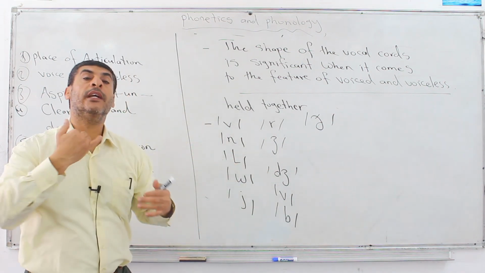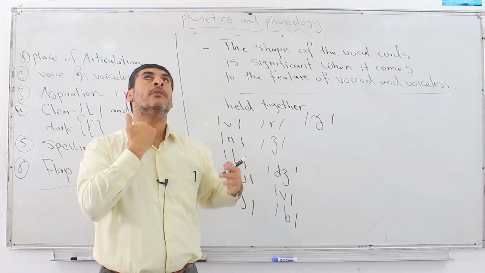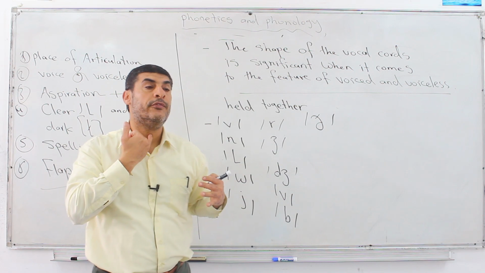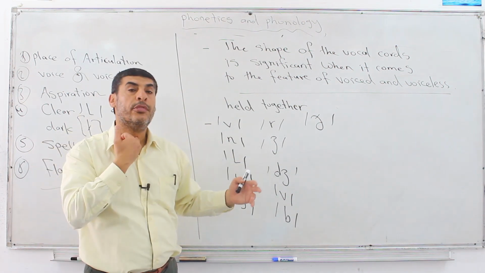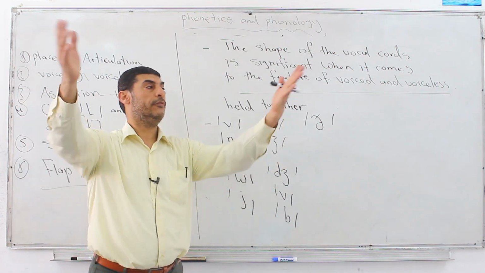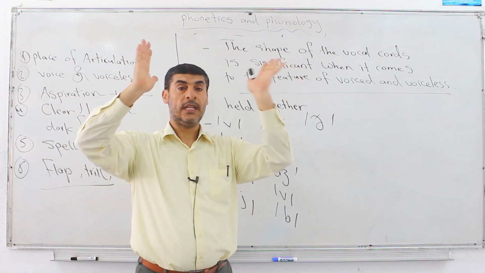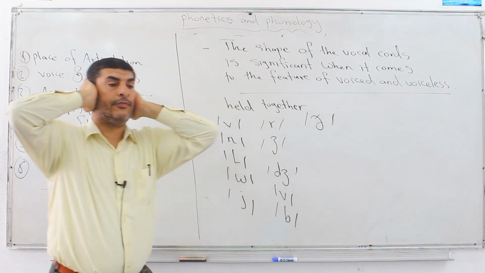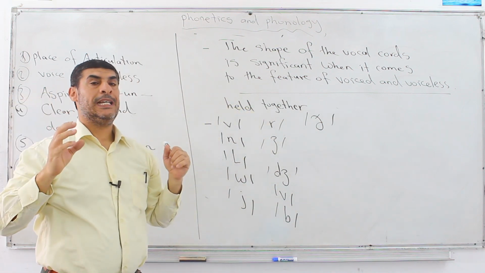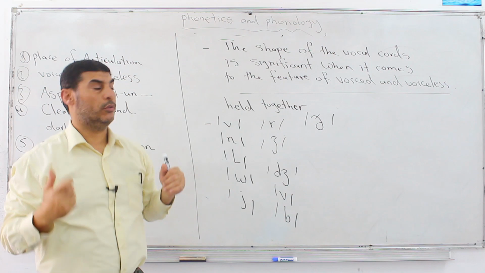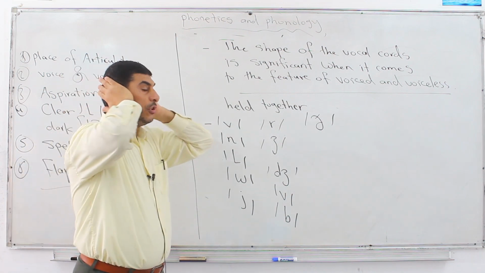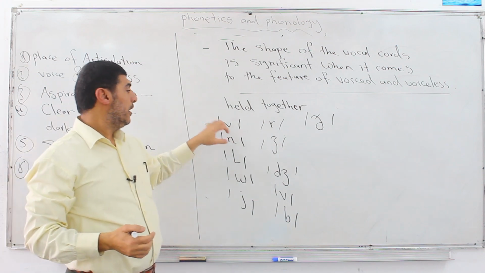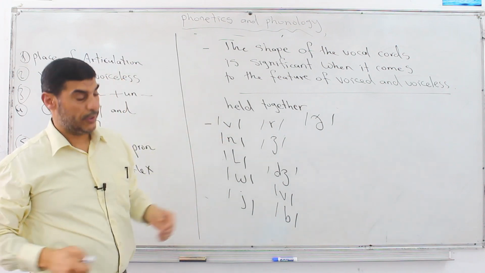When you place your finger at Adam's apple, when you say if, you will feel that it is moving. Or you just, once again, place both of your hands to your ear and say if, you feel there is a kind of echo. Okay, so these are produced with vibration.